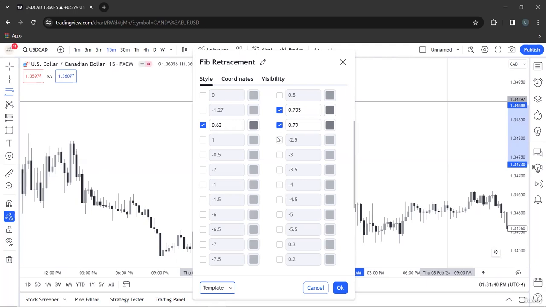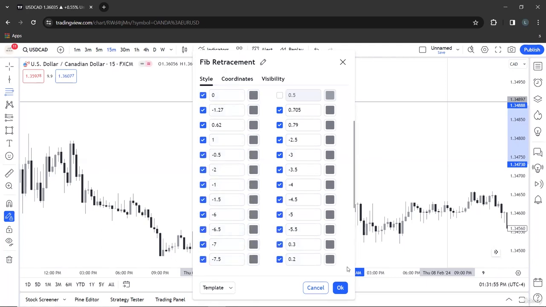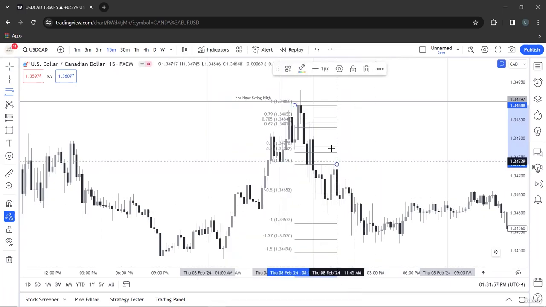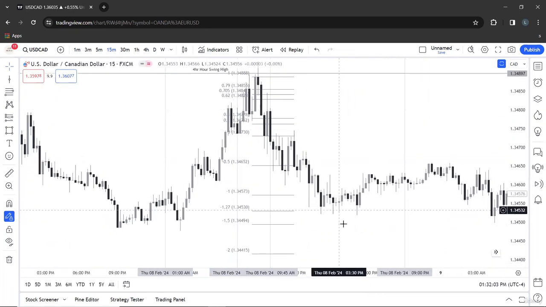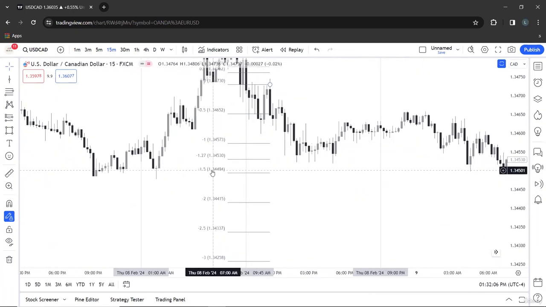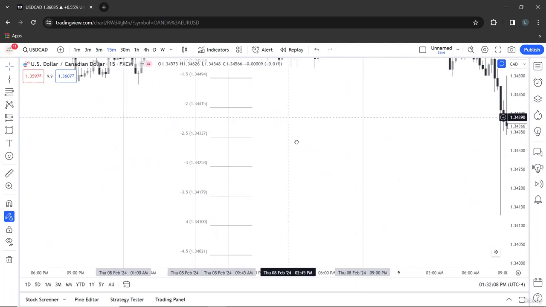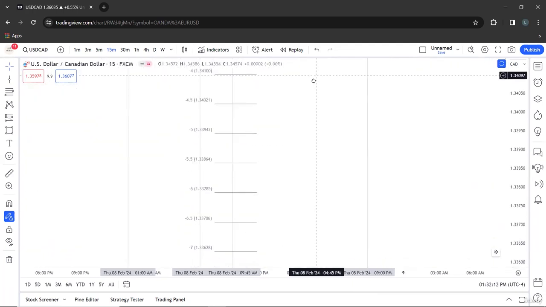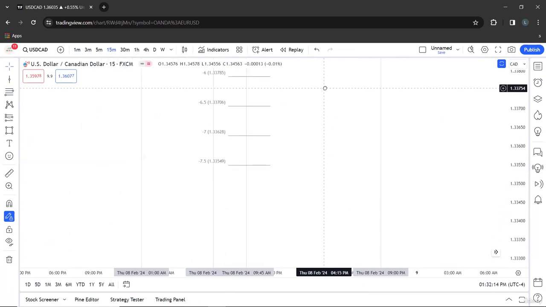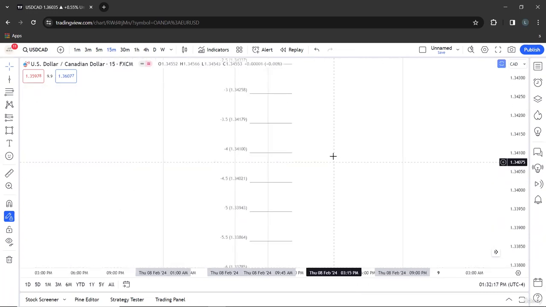If I were to turn all of these on, you will see what the Fibonacci looks like. In fact, I'm going to do that so you just see what it looks like, right? I'm going to turn all of these on. I'm sure there's a button to turn them on all at once, but let's just do this. Look at what it looks like. There's a lot going on. There's a lot of levels, a lot of standard deviations right there. And it also shows the price that it goes right down to, wow, it goes down quite low, to minus 7.5.